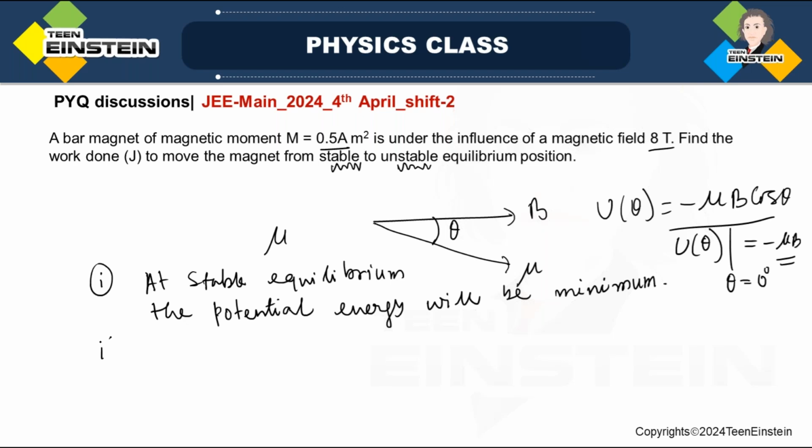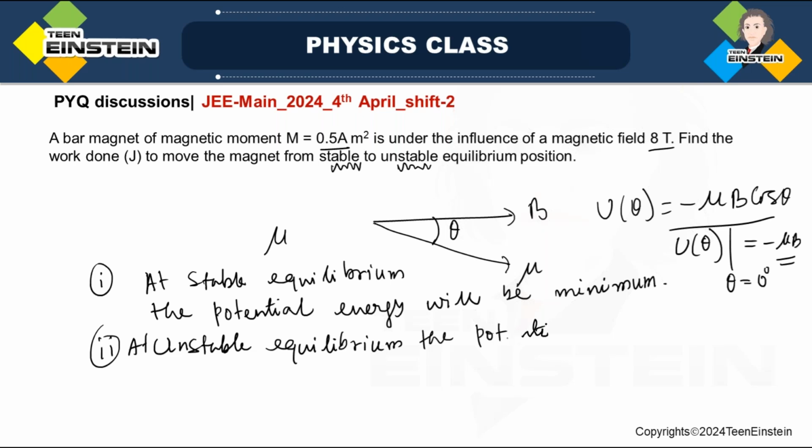Now second point, what is unstable equilibrium? At unstable equilibrium, the potential energy will be maximum.